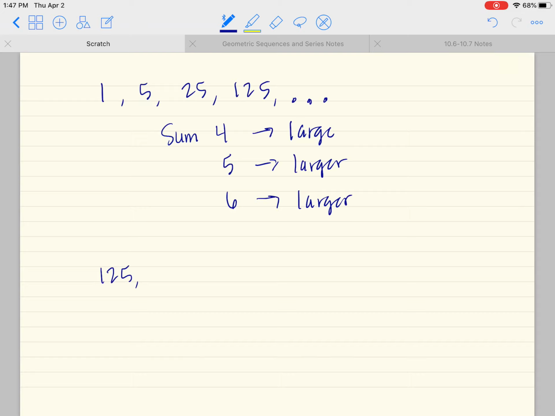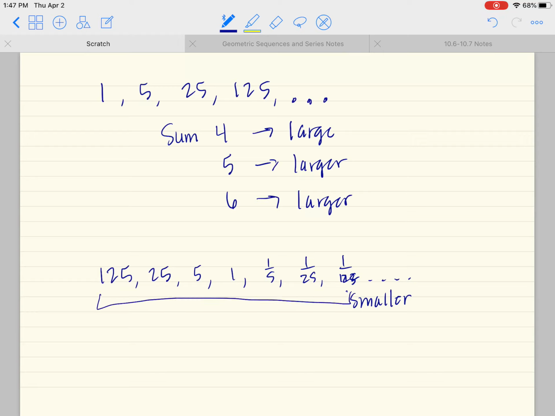But if I was going in reverse, let's say I started at 125 and I was dividing it down by 5. So divided by 5, or multiplying by a fifth, would take me to 25, and then divided by 5 would be 5, divided by 5 would be 1, and then I'd have a fifth here, and then a 25th here. And once I continue to add here, the fraction is going to get smaller and smaller and smaller.